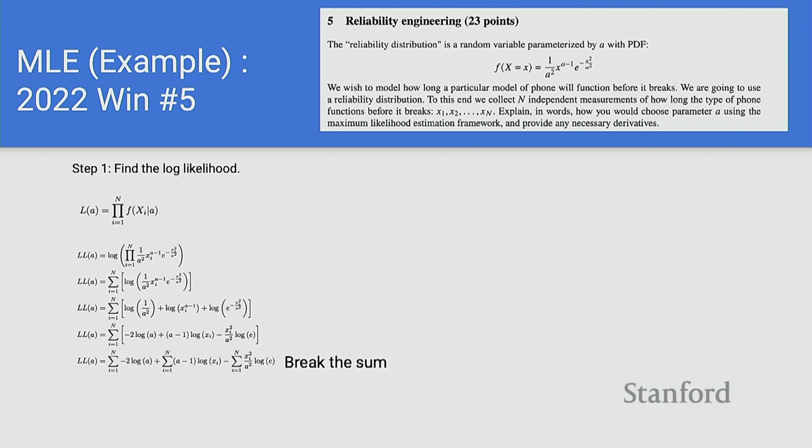Then just break up the sums a little bit so it's easier to do the derivatives. Okay, and then take out a few terms. This term right here does not rely on i at all, so you can just sum over all n of them, and that's negative 2n. Okay? Any questions about how we went from likelihood to log likelihood?